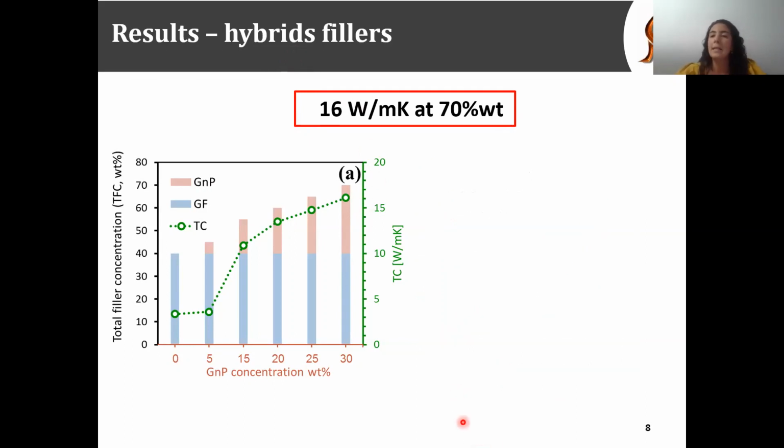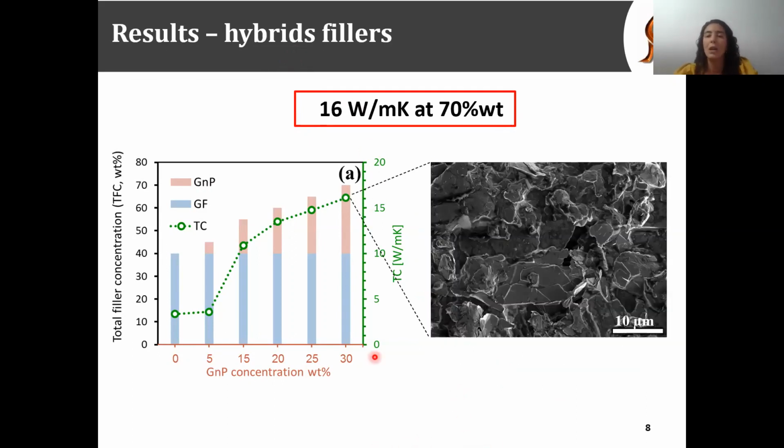Then we analyzed the microscopic 3D structure of the enhanced composite by scanning electron microscopy, SEM analysis. And we found that most of our composite contains a large amount of air voids, which you can see next to the white arrow.